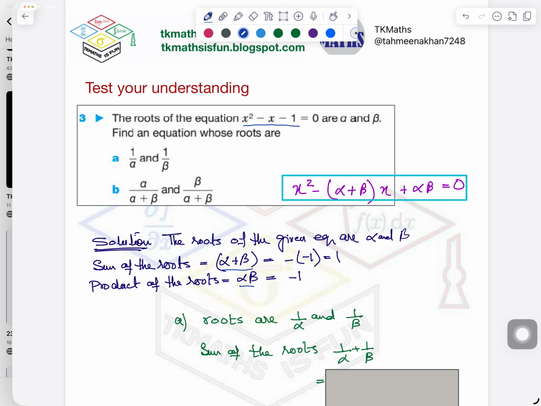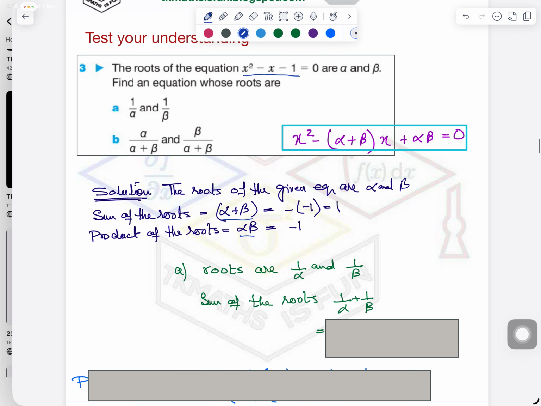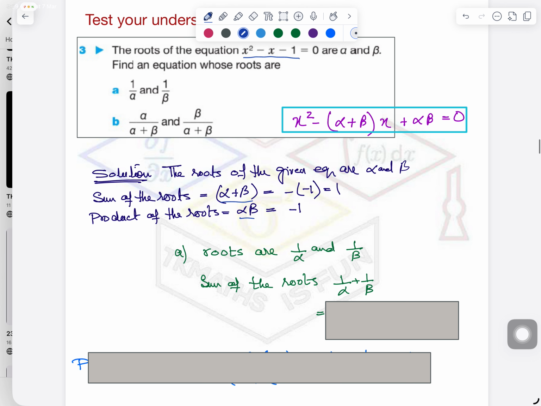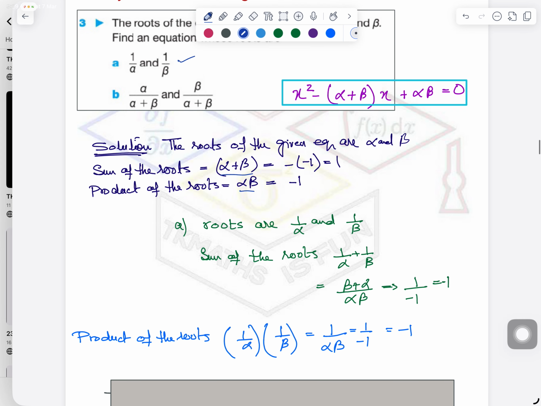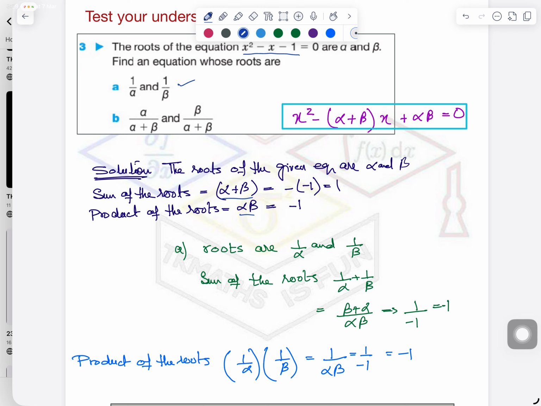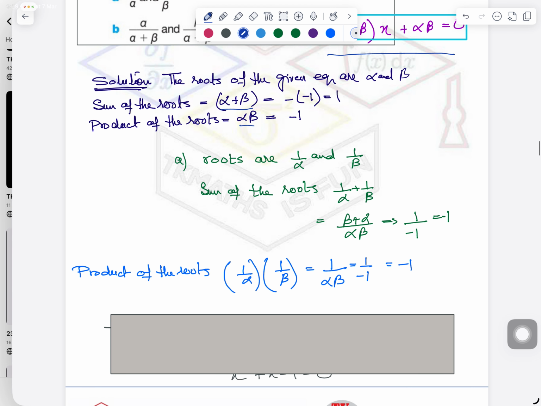And then, same method, I'm applying sum and product of the roots here. So I got sum of the roots minus 1, product of the roots also minus 1, and I will just plug into this equation now.